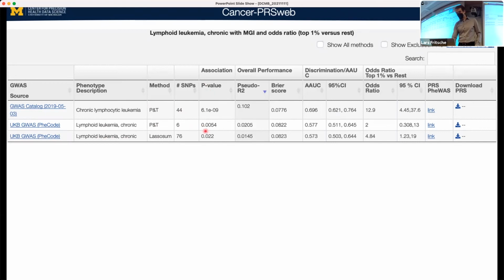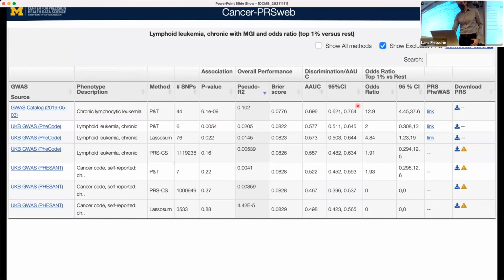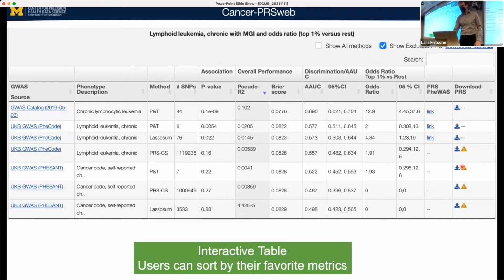You get the association in the testing set, the other metrics. And so this is an interactive table. You can sort by your favorite metric and then select the PRS for the next step. And so also we excluded some PRS, those that did not perform well, did not reach nominal significance, or actually pointed in the wrong direction. We try to put as many warning signs as we can on here. And as I said, this is interactive.